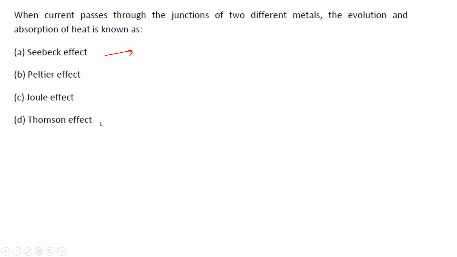Thomson effect talks about when there is a temperature gradient in a conductor and current is passing, then there is absorption and release of heat at those points in the conductor. But here the statement is, when current passes through the junction of two different metals, then evolution and absorption of heat. This phenomenon is known as the Peltier effect. This is known as the Peltier effect.